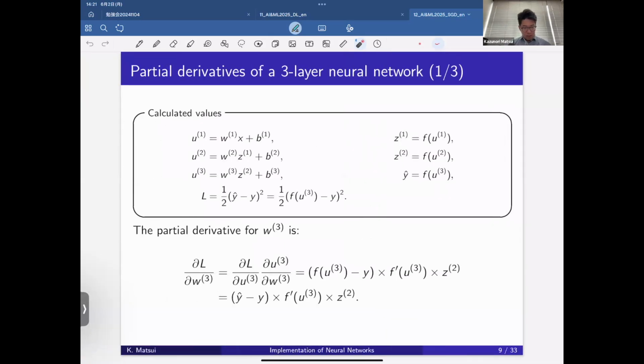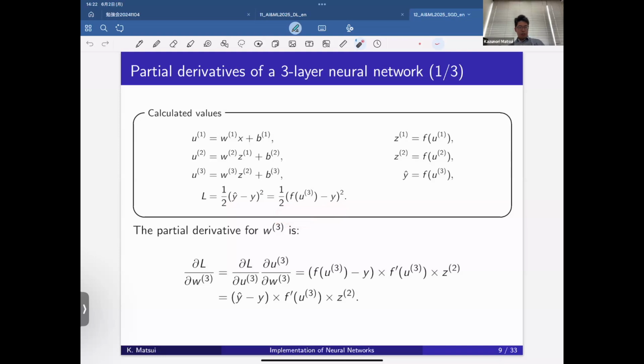Since L can be written with the previous y hat as f(u3), L can be written as one half times (f(u3) minus y) squared.